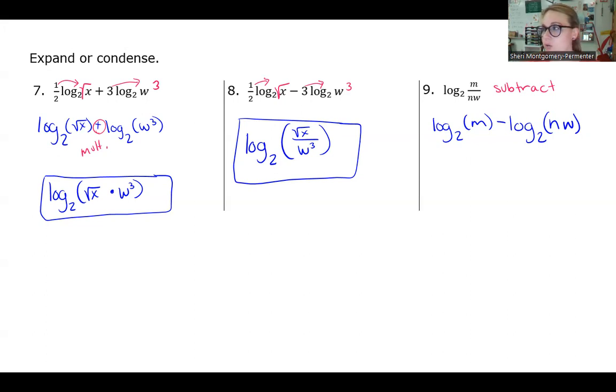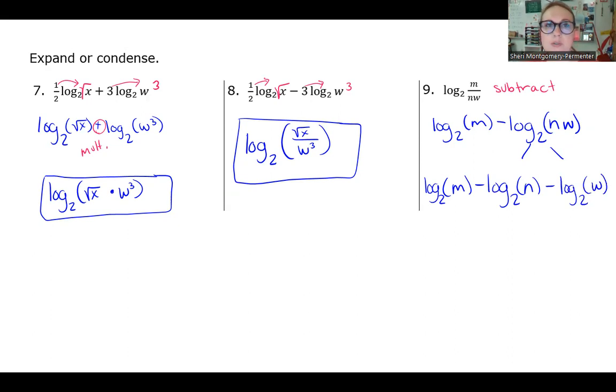I have to expand this one further, but this one is tricky. So this is why I chose to do this one. When you have subtract, these are both on bottom. So the only way that you can say that these both go in the denominator is that both n and w, when you split it, normally you would do addition, but for this one, it's tricky. So you have to start with log base 2 of m, and then I have to subtract log base 2 of n, and I also have to subtract log base 2 of w.